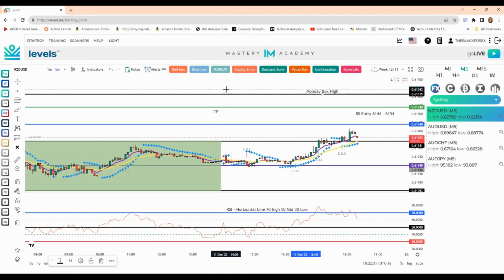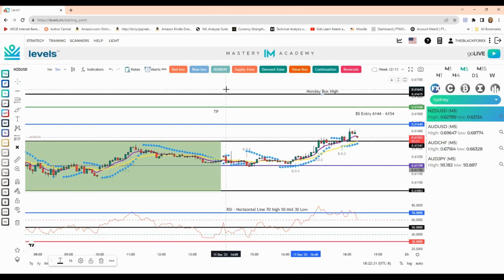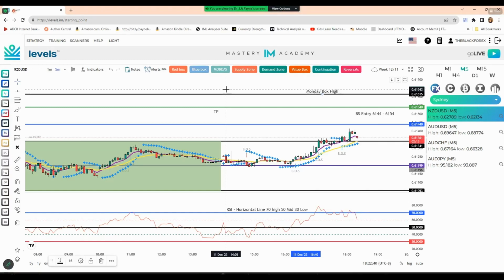What is the entry for the buy stop? Can you unmute, please? Would that be 61.361? That's where the market is right now. So the blue line is always going to be the entry.